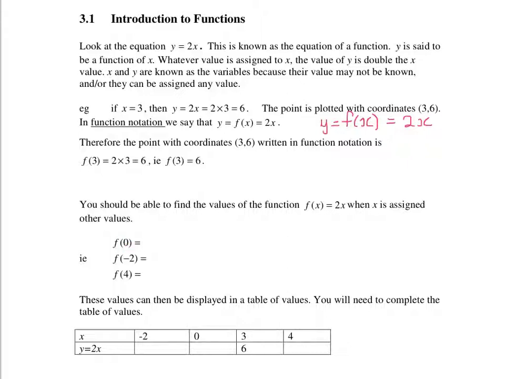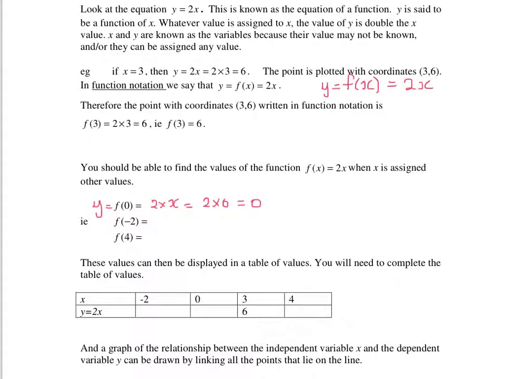When x is equal to 0, you know that y is going to be 2 times x, which is 2 times 0, which is 0. So on our table of values, we can put in the value of 0 for y when x is 0.